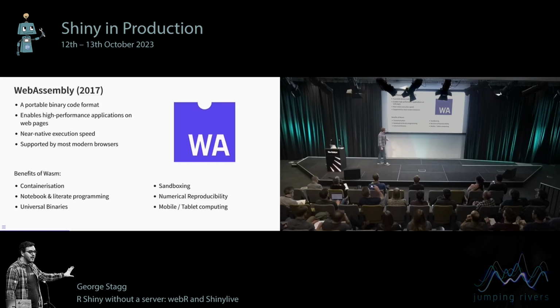Another benefit of WebAssembly is something called numerical reproducibility. This is important, particularly for scientific or statistical applications, because there are algorithms that are known as unstable, and that means they're very sensitive to changes in the numbers. Different computers will actually compute numerical algorithms slightly differently because of something called floating point numbers, which comes about because computers can't represent every number.